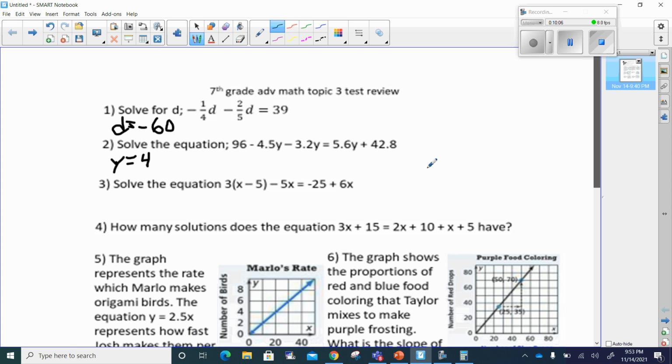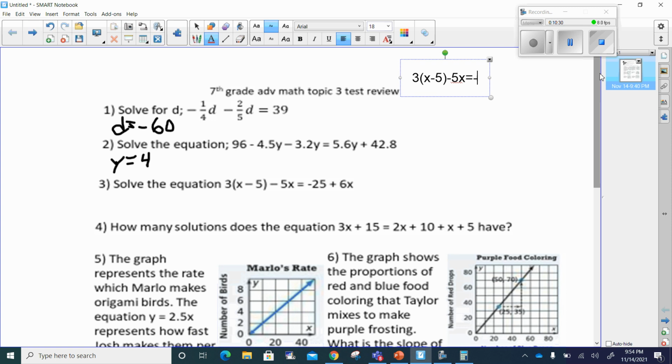Solve the equation. Wow. I'm going to just go ahead and type it up over here because I know the trouble that I got into doing the other one down there. And we've got 3 times x minus 5, and then that's minus 5x equals negative 25 plus 6x. All right.